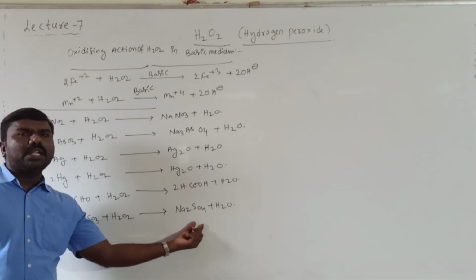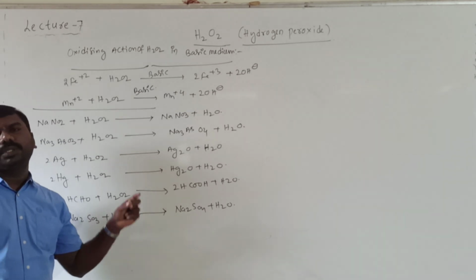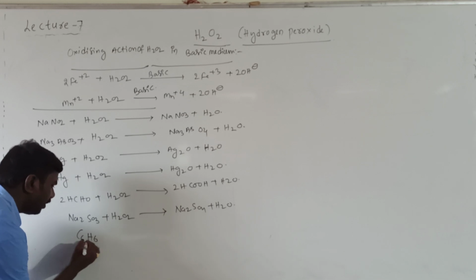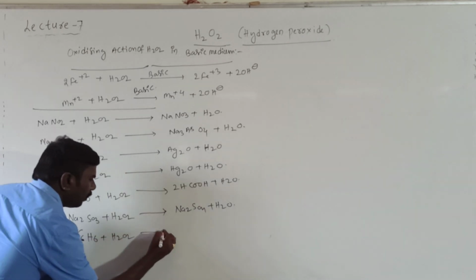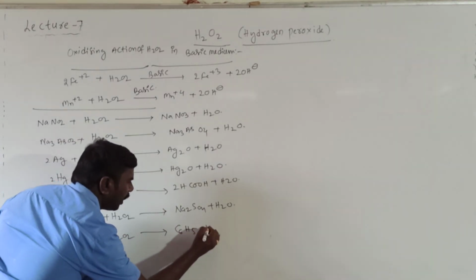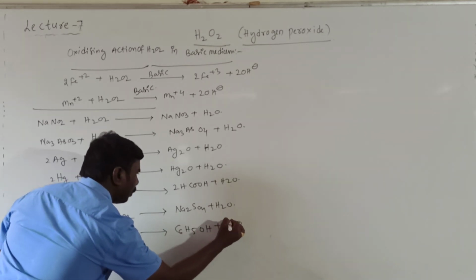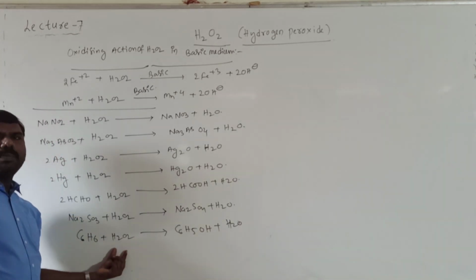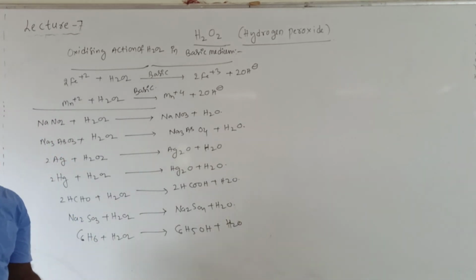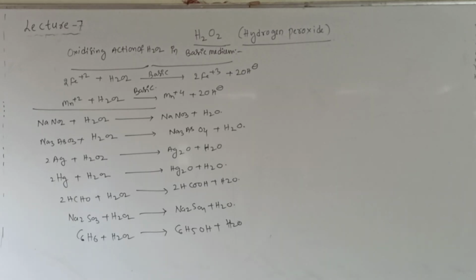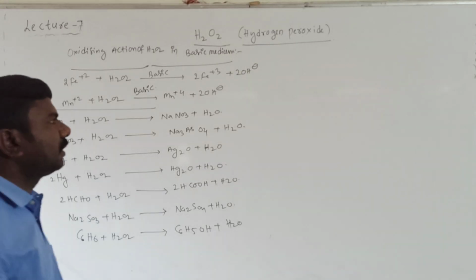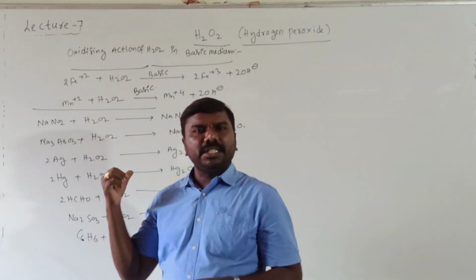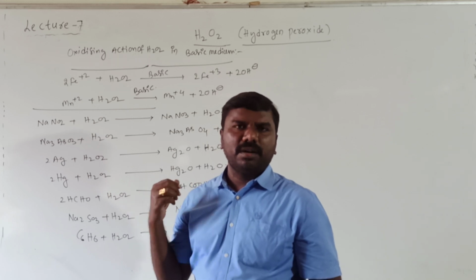Na2SO3 is oxidized to Na2SO4 by H2O2, the oxidizing agent. C6H6 benzene plus H2O2 gives rise to C6H5OH plus H2O. Benzene is oxidized to phenol by hydrogen peroxide. Clear? In all these cases, H2O2 acts as oxidizing agent in acidic medium and basic medium we have discussed.